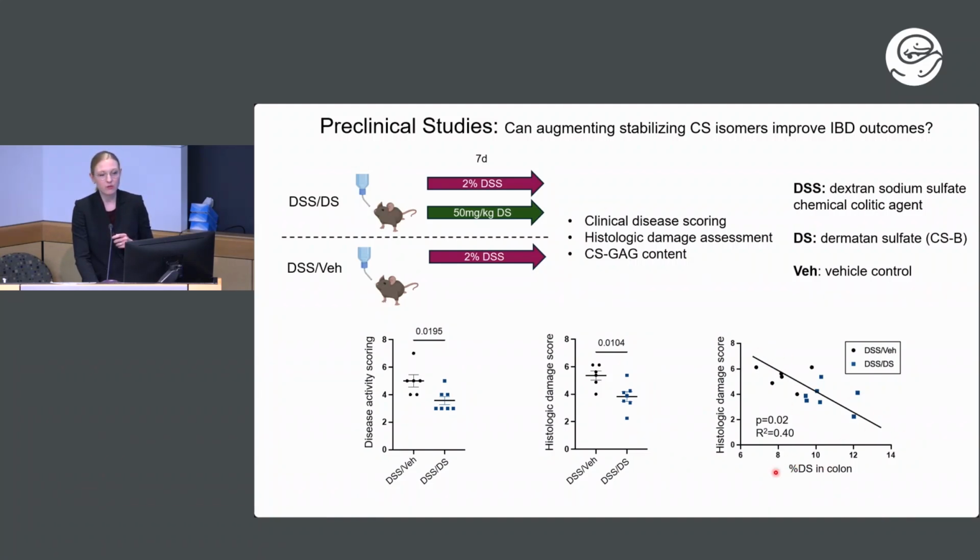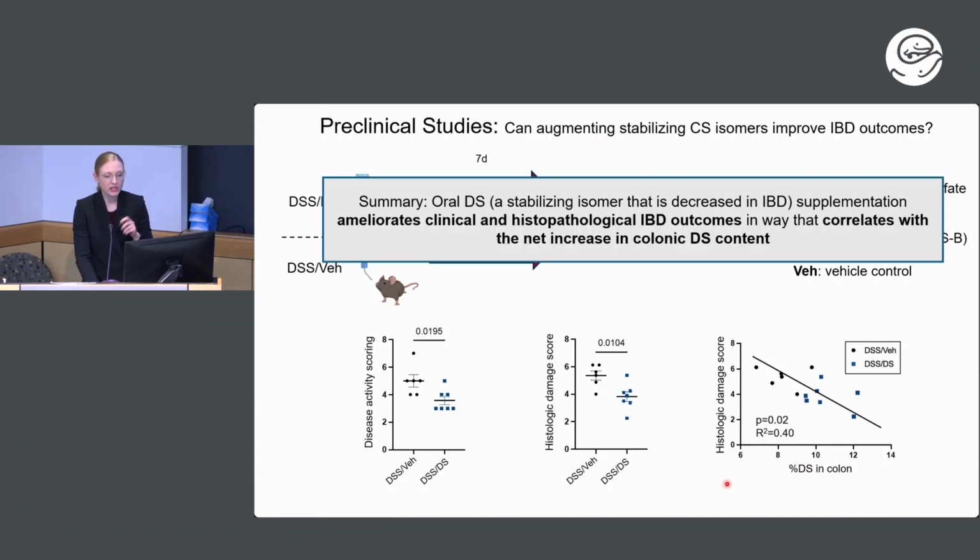So the more that we were able to increase the dermatan sulfate in their colons, the less severe disease activity they had. So these preclinical results suggest that CS GAGs are involved in IBD pathogenesis and that targeting these CS isomers could serve as a novel approach to treat IBD. So I'm building off these initial studies now.